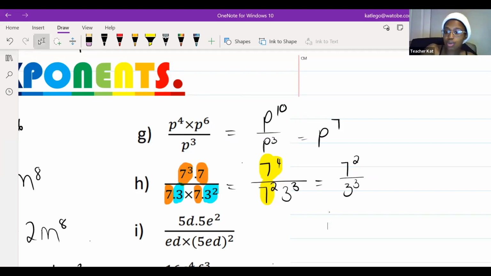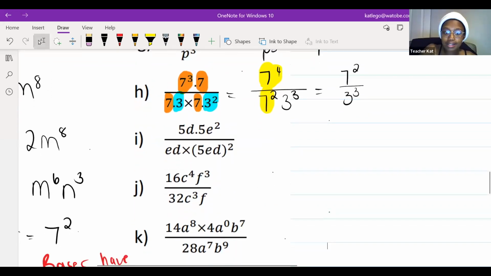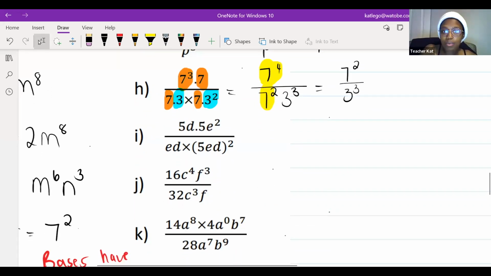Okay, let's go to I, guys. This time we have an extra law of exponents. The 3 cubed has to stay in the denominator.